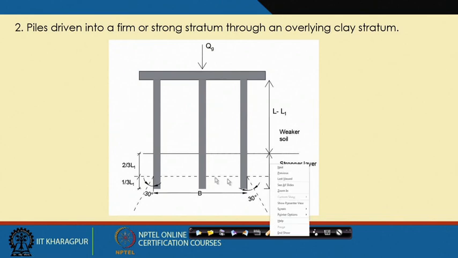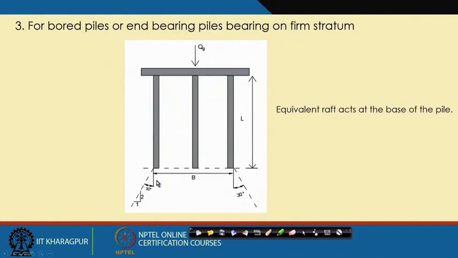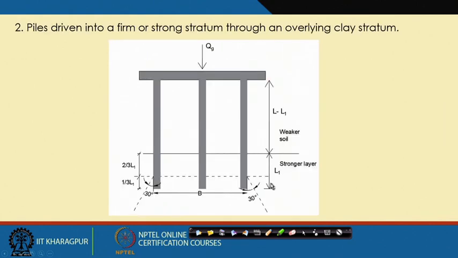Okay. So, this is L1, 2/3 of L1 you have to consider. Okay, 2/3 of L1. Remember this condition. After that it is the same 2:1 distribution. From here it will go up to twice of the influence zone.